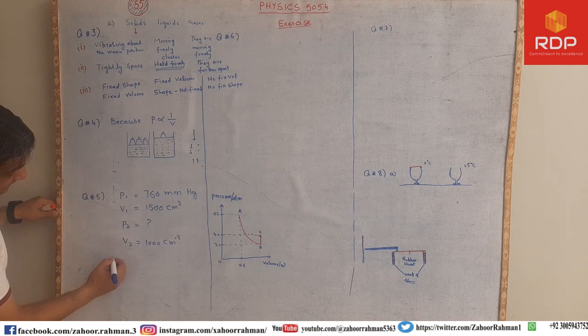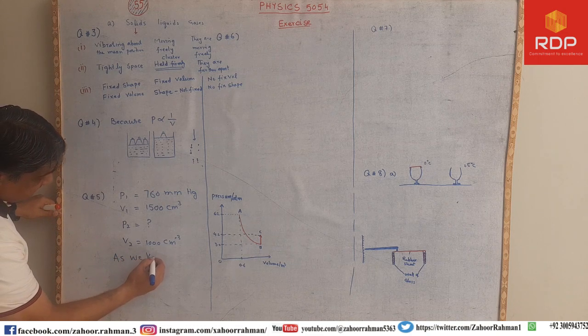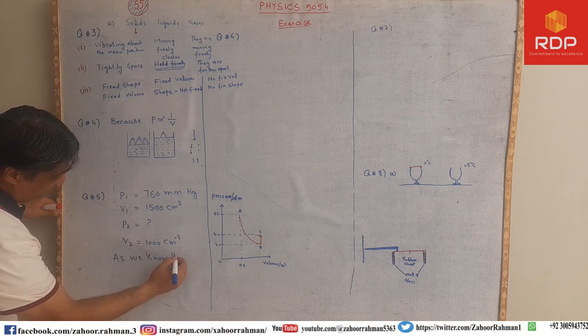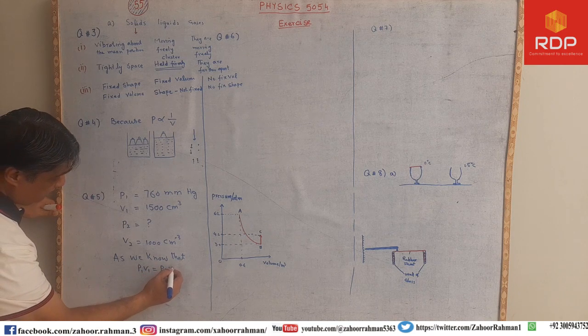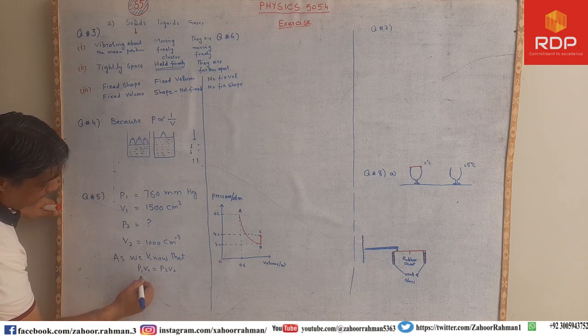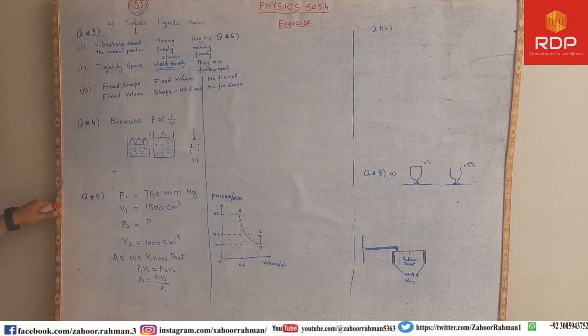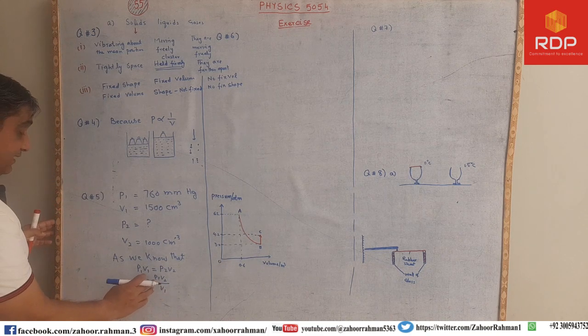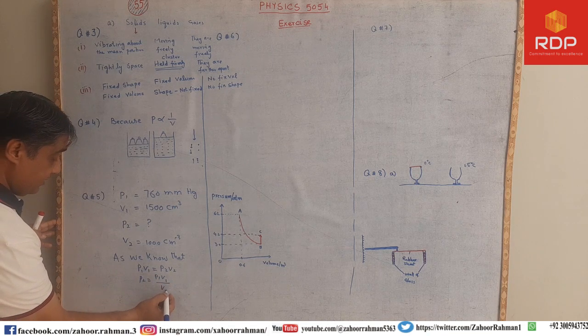According to Boyle's law, we know that P1 V1 is equal to P2 V2, and because we have to find P2, we will make it the subject, so P2 equals P1 V1 divided by V2.